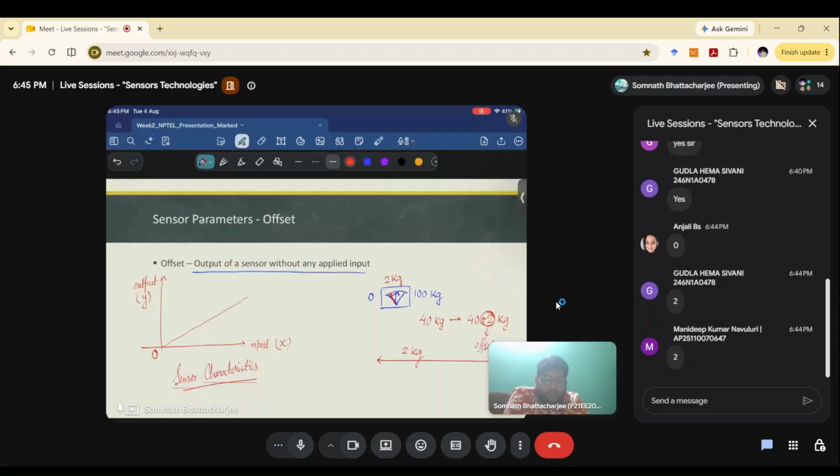Now our sensor has a range of this. So what is the range of this sensor? The working region of a sensor, right?